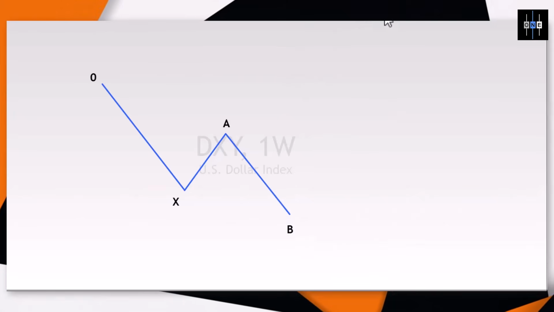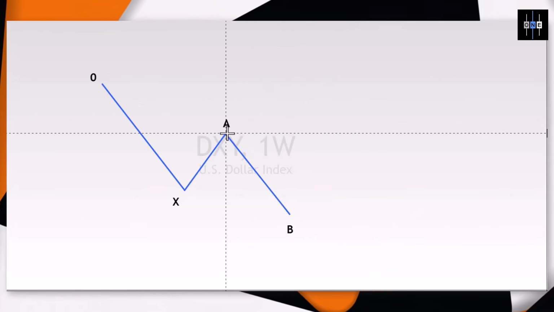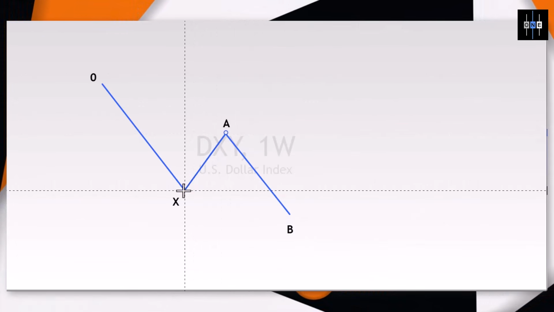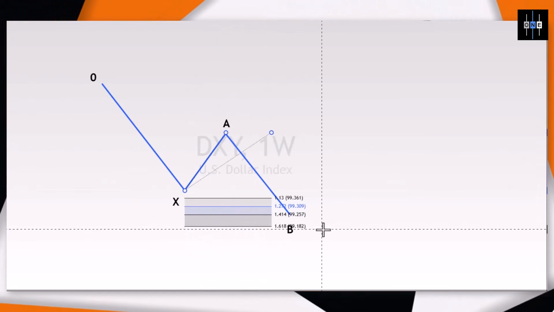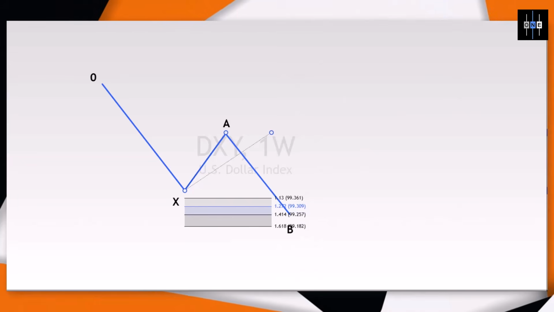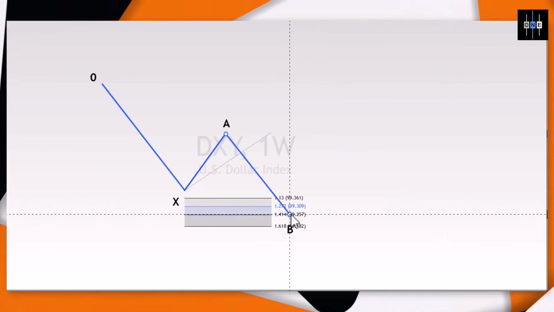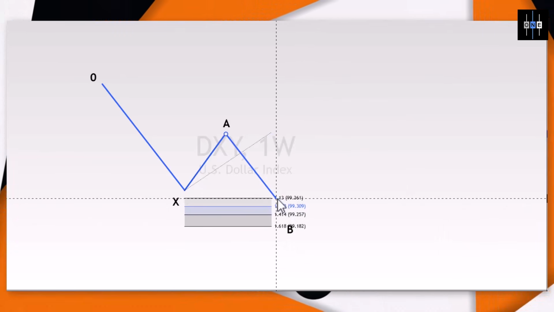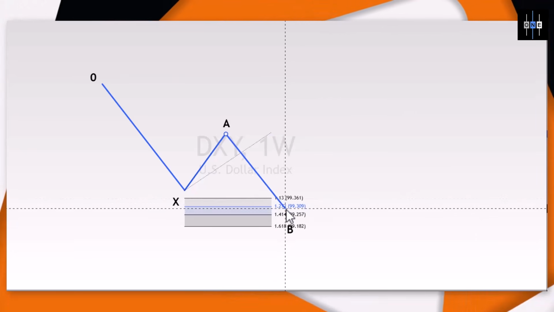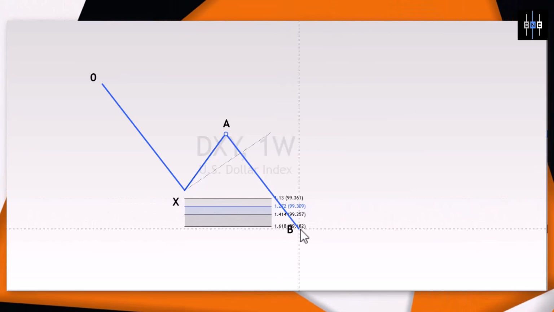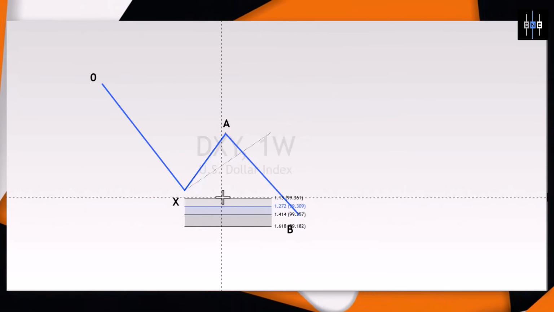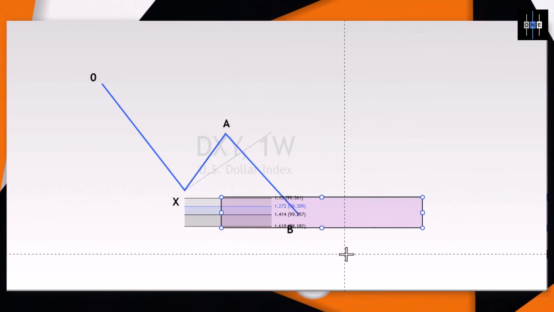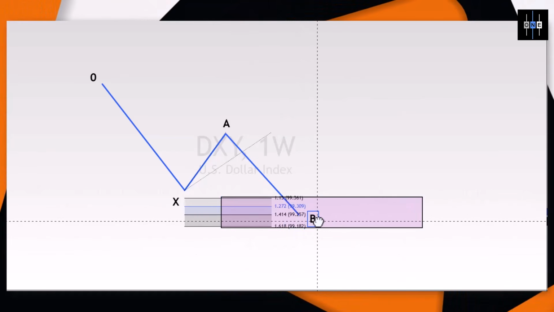If I take my Fibonacci extension tool and I invert it from the A back to the X and back up, what I'm going to look for is a minimum requirement of price coming to our 1.13, which is going to be right here, and a maximum requirement of price coming to our 1.618. So the exact zone that you see I have drawn in with my Fibonacci tool, this is the area in which this B leg must come to.